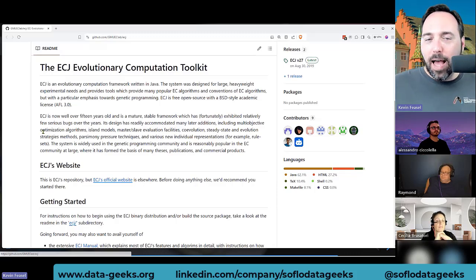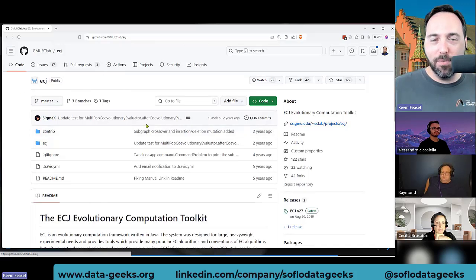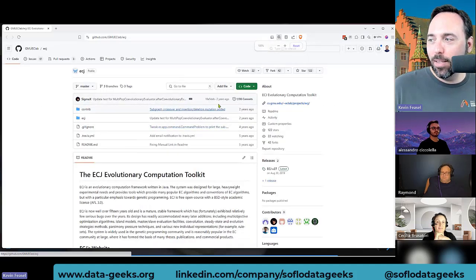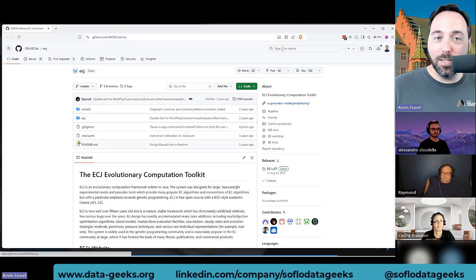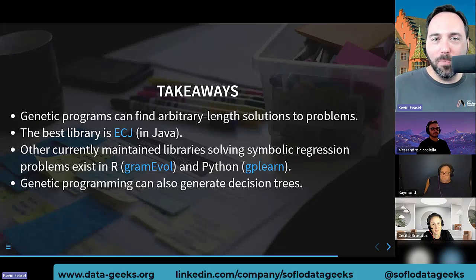To give you an idea, I actually wrote my master's thesis building a genetic program in Java back in 2007 using this library. So it's still around. It's not incredibly active, but it still works, which is better than like RGP, which sadly is no longer working. Other libraries in this space tend to be more of symbolic regression, like the Gram-Eval that I showed.